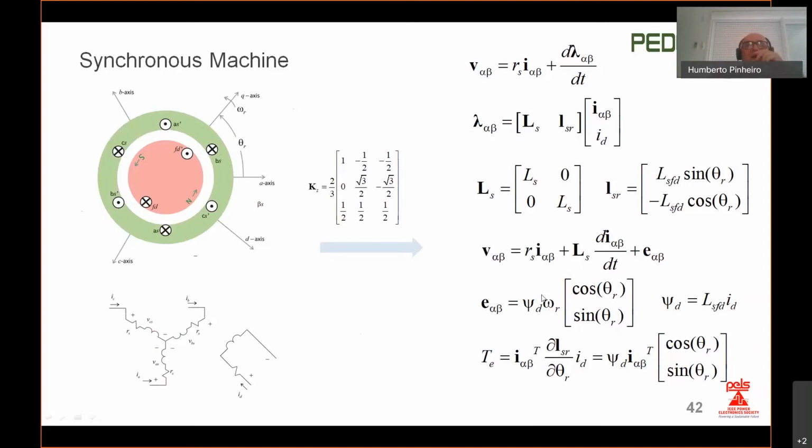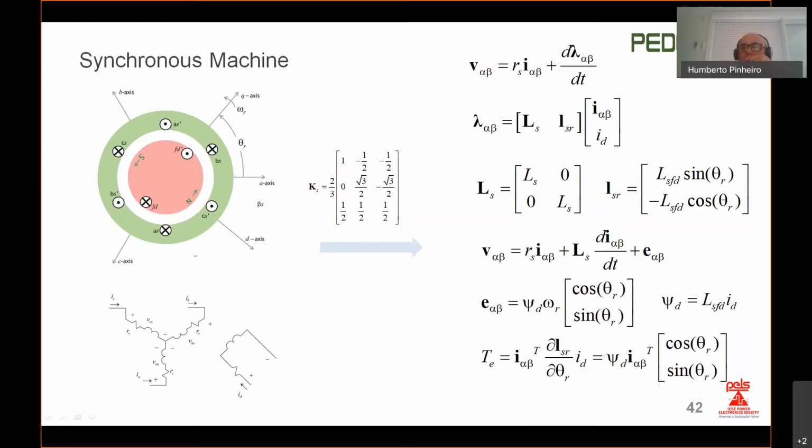Here E is the EMF of the machine, which depends on the flux. In our implementation, since we are dealing with a virtual synchronous machine, we are not considering the current over here. We are considering that we are able to directly manipulate the magnitude of the flux.